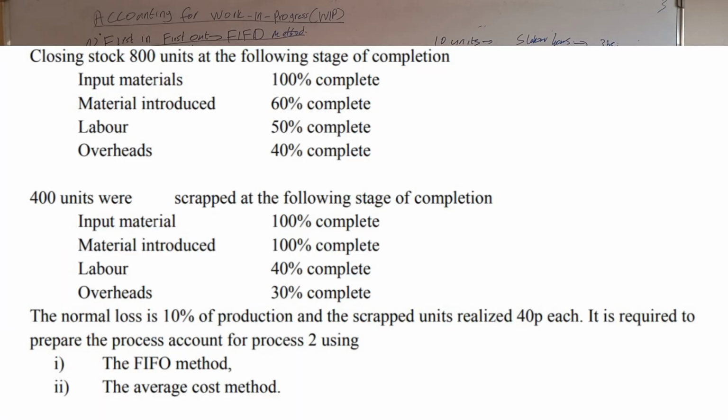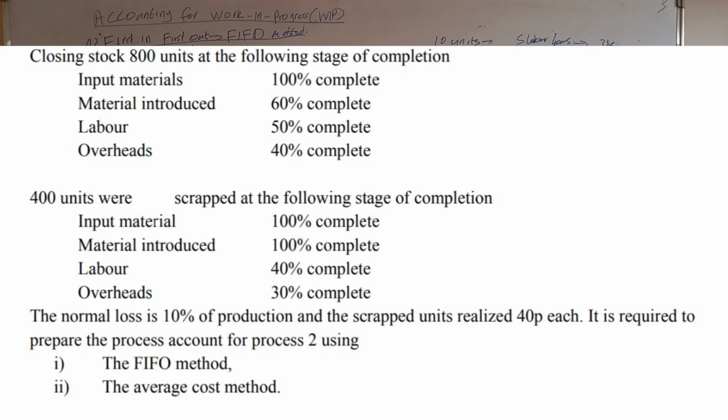Closing stock at the end of the production period, closing stock 800 units at the following stage of completion. Input materials 100% complete, material introduced 60% complete, labor 50% complete, overhead 40% complete.